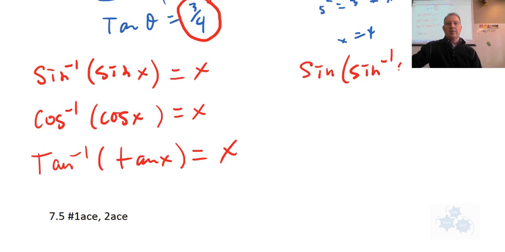Now, what you have to be careful of, guys, is the domains, though. Okay? The domains are different for sine. We know what the domains are, right? Negative pi over 2 to positive pi over 2. For cosine, this holds true for this domain, 0 to pi.